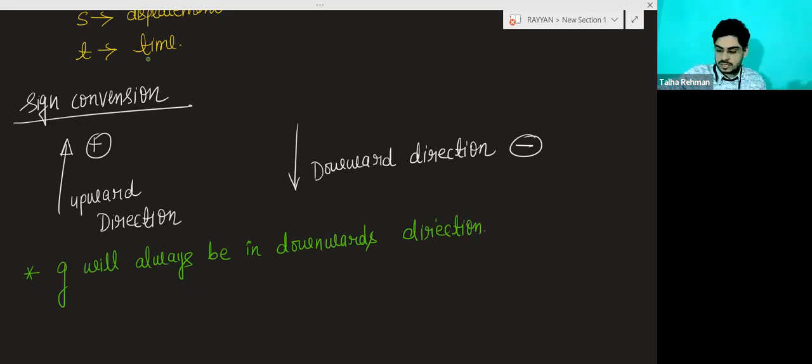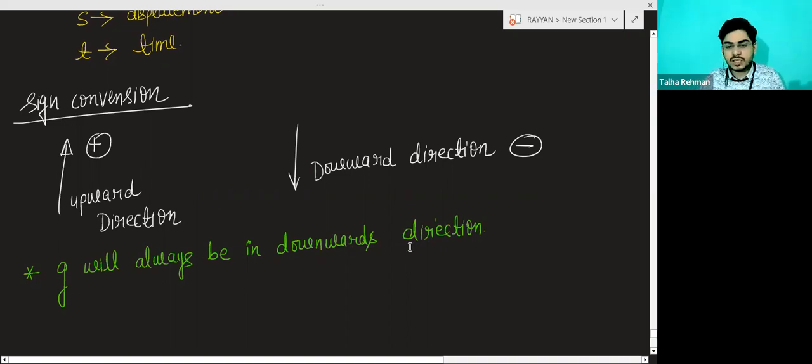This is a pen, and when this pen is dropped, it will always go in the downward direction. Why? Because the earth's surface, or the center of the earth, is applying an attracting force on this pen. So the acceleration of this pen will always remain downward during motion under gravity, so g you will always take negative.